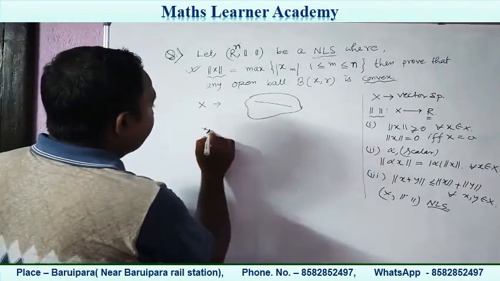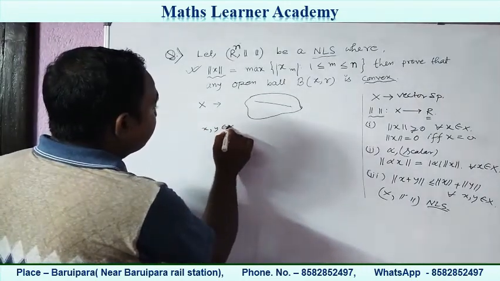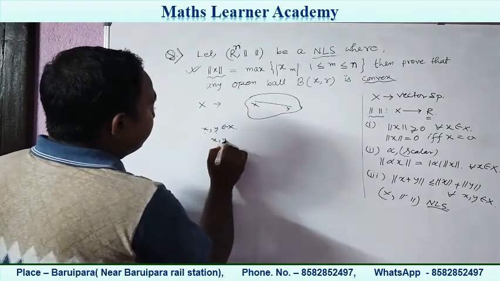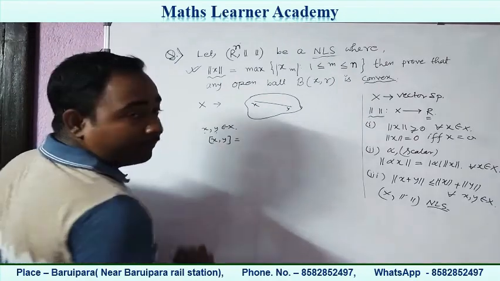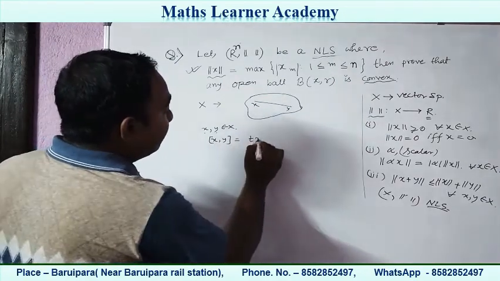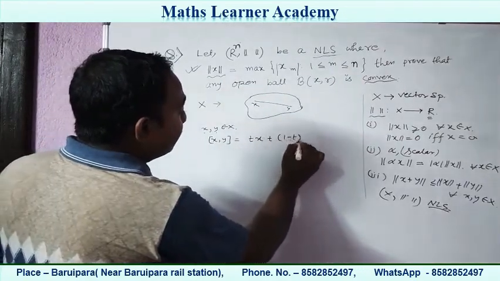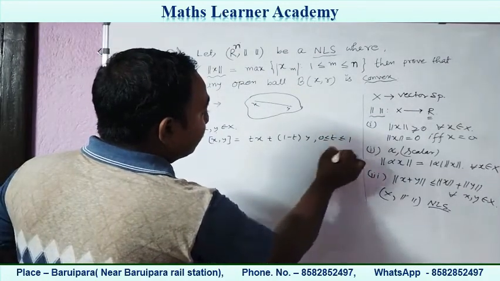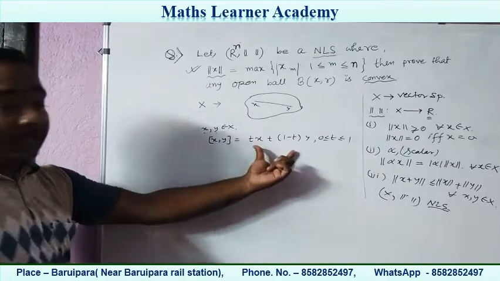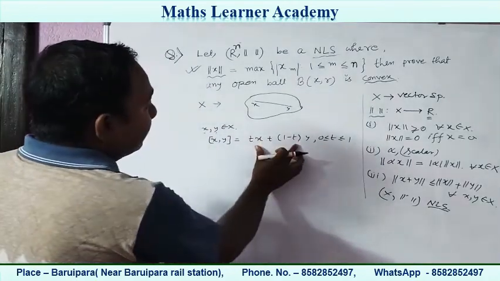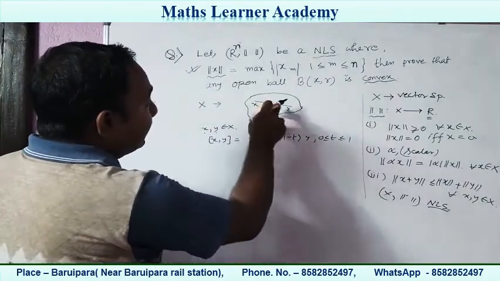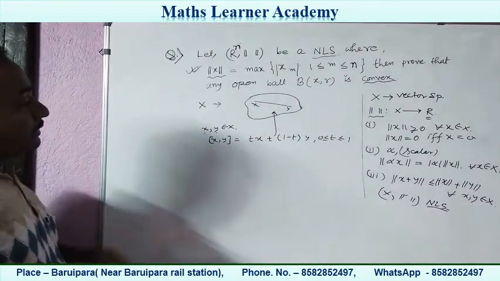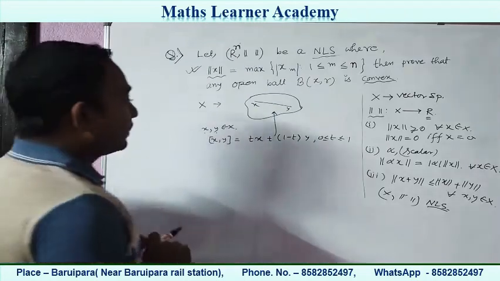In mathematical notation, suppose x, y belong to X, 2 points x and y. Now the line segment xy is denoted as tx plus (1 minus t)y, where t lies within 0 to 1. If this line segment lies within the interior of this set, then the set X is called convex. This is the concept of convex.